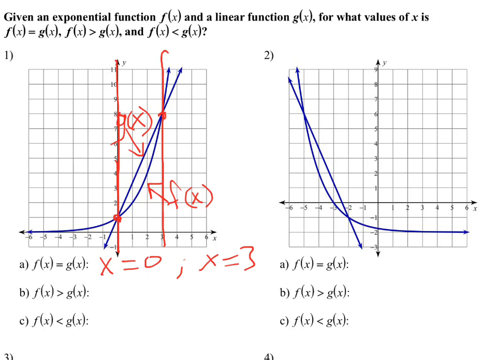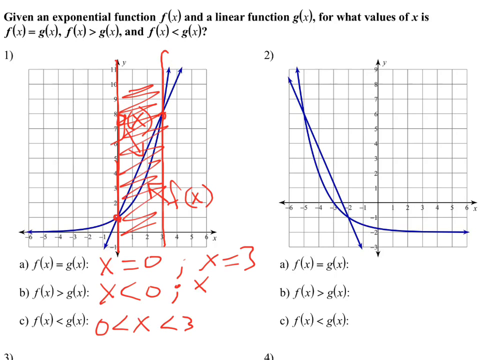And the next part is where is the exponential one greater? Well, we already said it was greater over here, and that's where x is less than 0, as in 0 is here, everywhere to the left of that. And then the next one, right here in the middle, the g of x, the straight line, is greater than the f of x, so that's where x is between 0 and 3, sideways from 0 to 3.